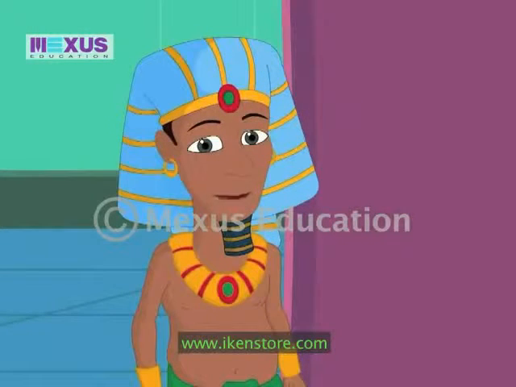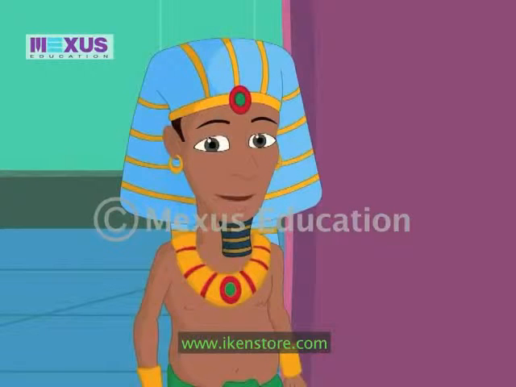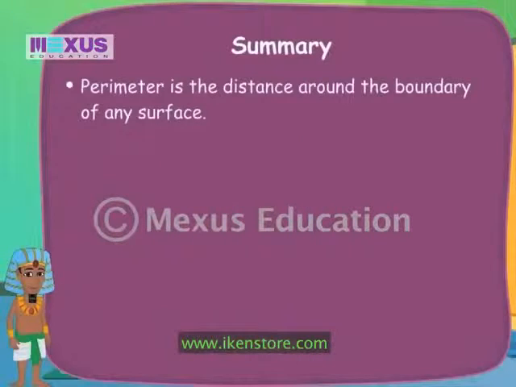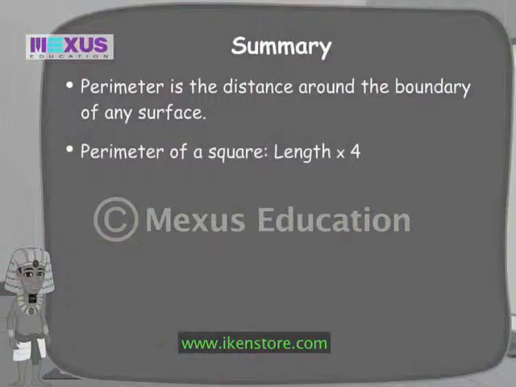So, did you have fun learning about perimeter? Let's revise what we just learned. Perimeter is the length or distance around the edge of a given figure or shape. The perimeter of a square is the length of its side multiplied by 4.